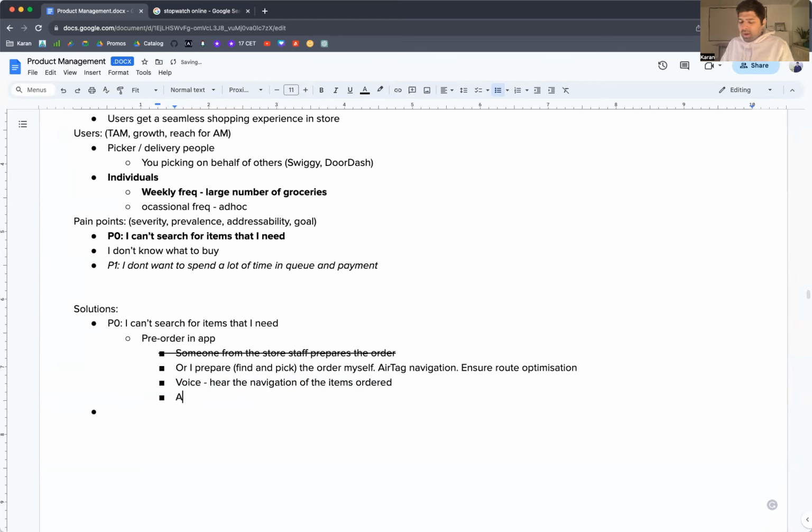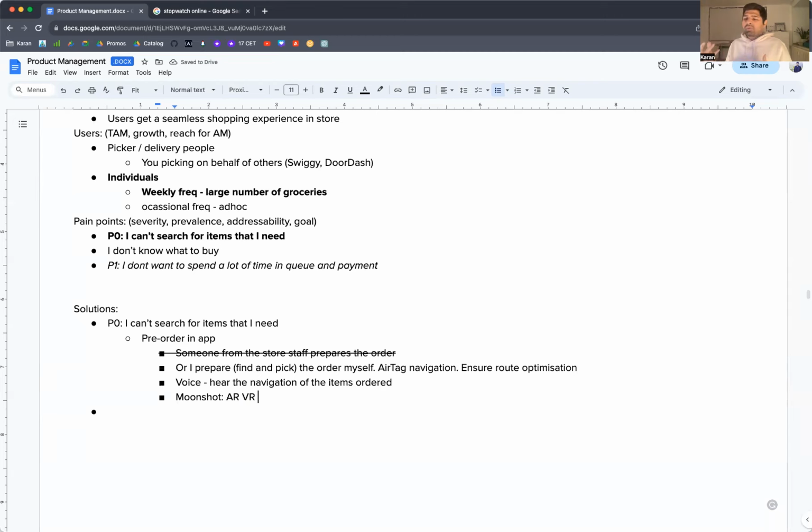so that I can pick the order. Another one could be something like a VR thing, where I know the aisles, but then I can probably look at things, maybe integrated with some sort of Ray-Ban glasses. I know that that could be expensive, and that is why I would probably consider this a moonshot idea in this segment, because AR, VR is expensive, but I could actually get a very good visual feel of where my items are.